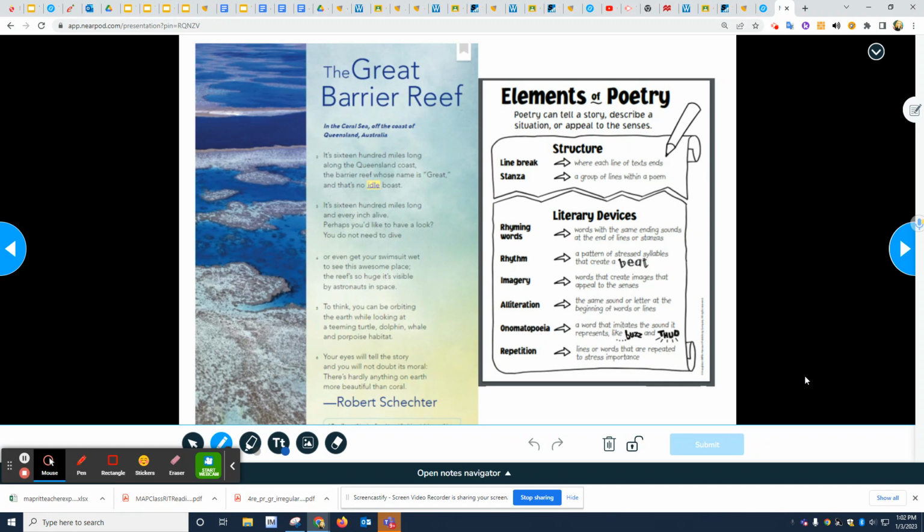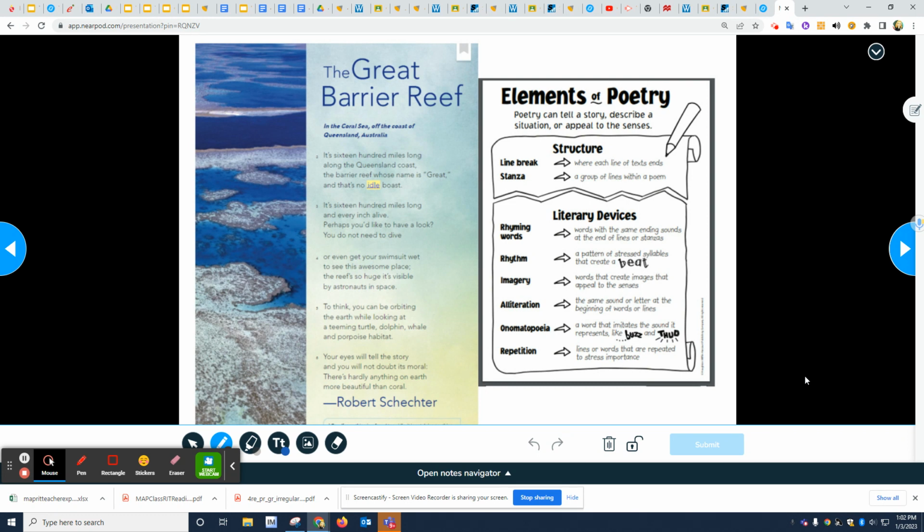So first, I'm going to read this poem to you. It's called The Great Barrier Reef. In the Coral Sea off the coast of Queensland, Australia, it's 1,600 miles long along the Queensland coast, the barrier reef whose name is great, and that's no idle boast. It's 1,600 miles long and every inch alive. Perhaps you'd like to have a look? You do not need to dive, or even get your swimsuit wet to see this awesome place.